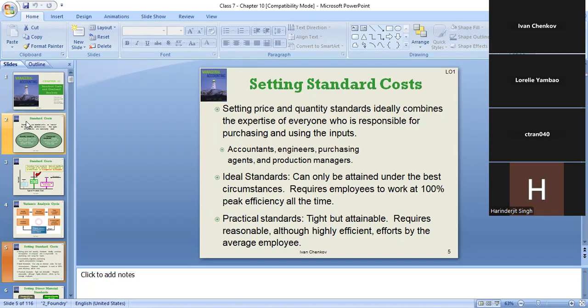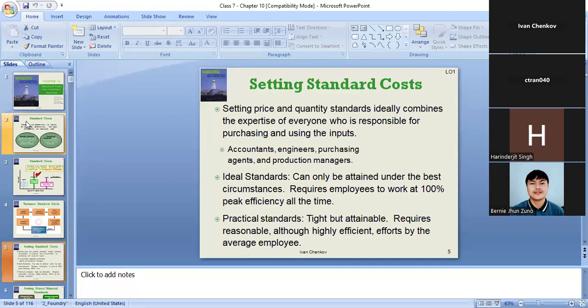My question for you is, how many of you are working? Everyone? Okay. So how many hours per day are you working? If you're an international student, you have like 24 hours per week, right? So 8 hours. Let's stay with 8 hours. Out of 8 hours, how many hours do you work at 100% peak efficiency?